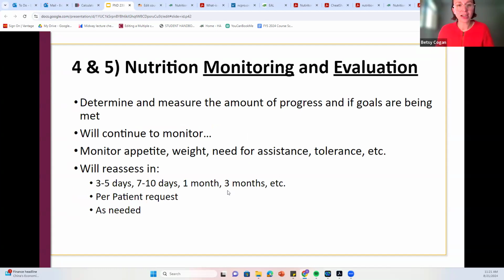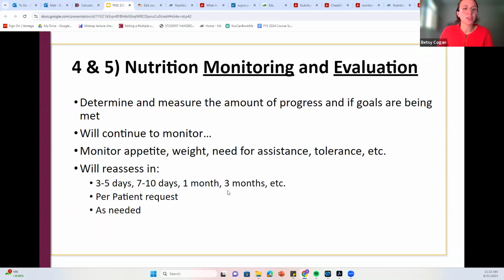And then finally, the last portion of ADIME is the ME, the monitoring and evaluation. So right here, we want to determine what data we're going to track, how we are going to determine if goals are being met, and what we will continue to monitor, right?